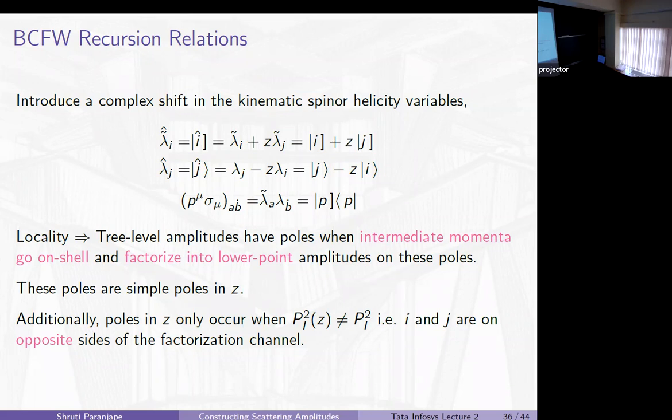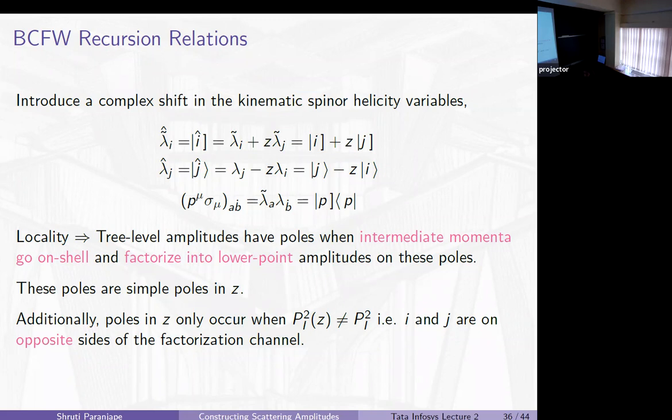Now clearly I can rescale lambda and rescale lambda tilde the other way around to get rid of 1 complex number. So now I have 3 complex numbers here. And with P as well, you have one mass shell condition. So that's 3 real numbers.